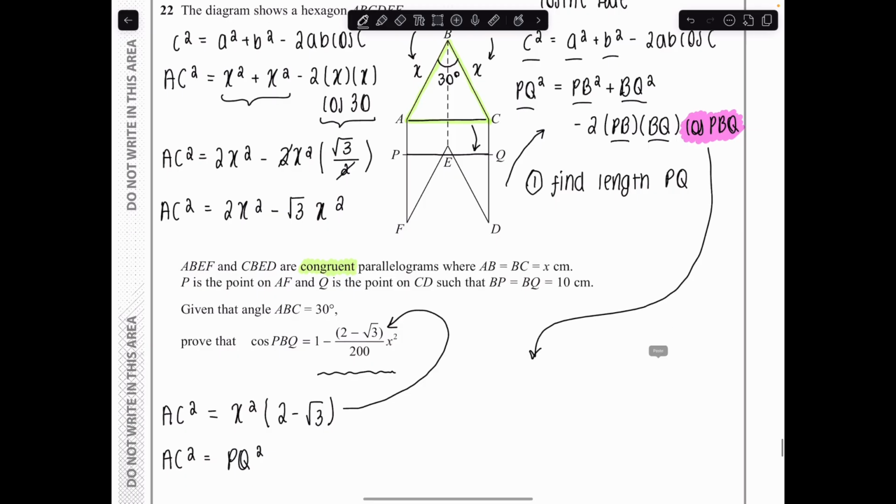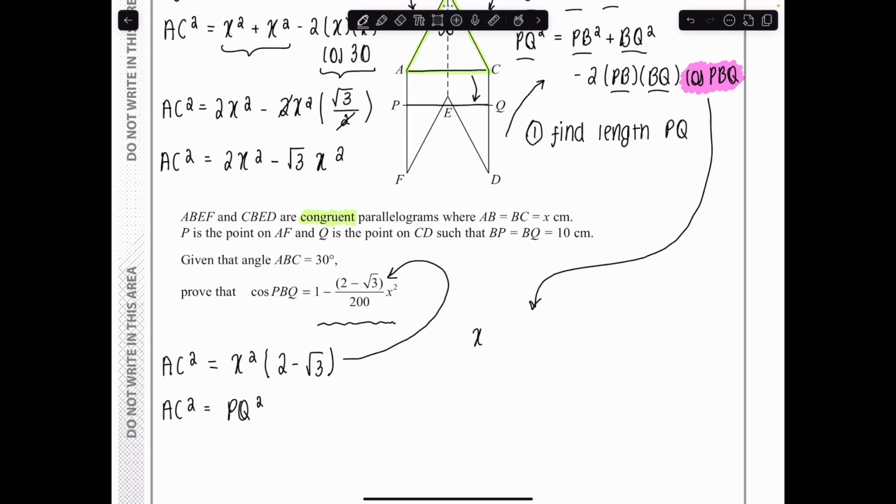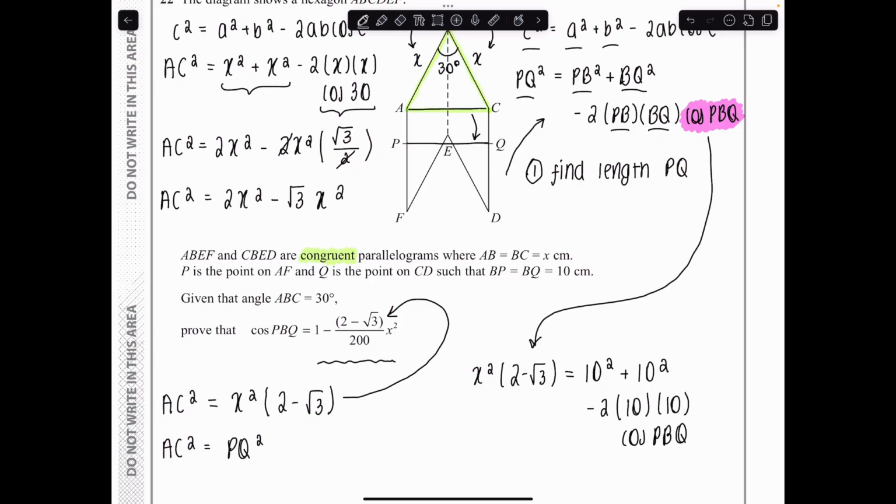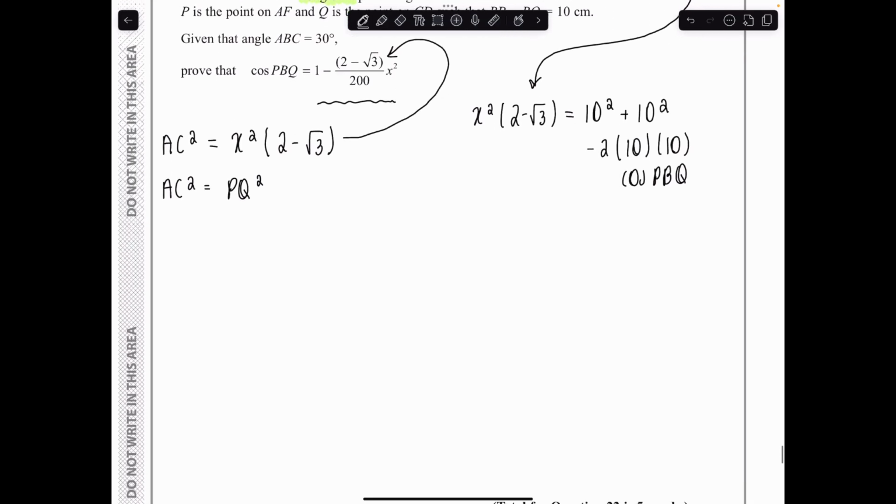So PQ squared is the same as AC squared, which we can write down as x squared, 2 minus root 3. And that is equal to, now, what was PB squared? PB squared was 10, all squared. BQ squared was 10, all squared again. Then we have minus 2 lots of PB, which is 10, BQ, which is 10. Then we have cos of PBQ. Now, before we make cos of PBQ the subject, let's just try and simplify this out.